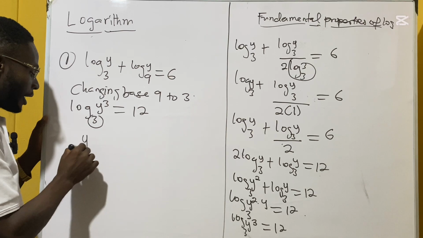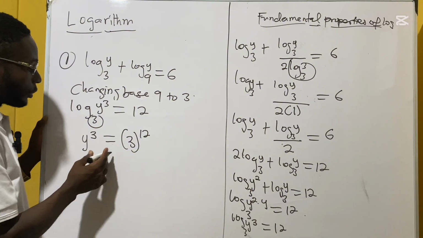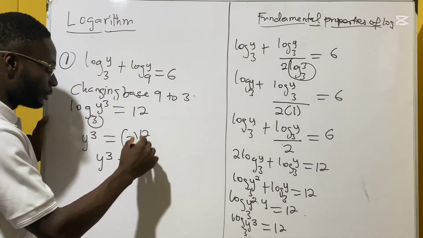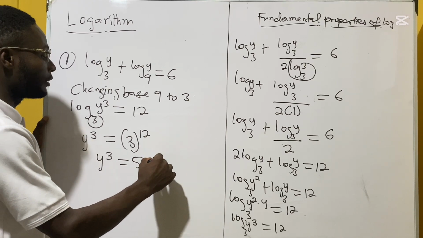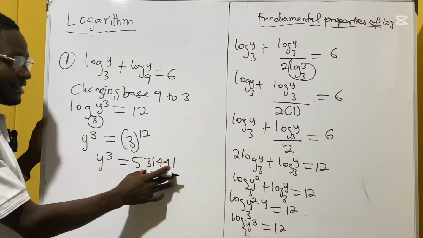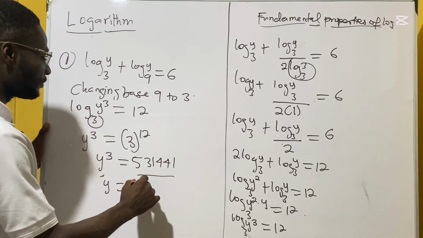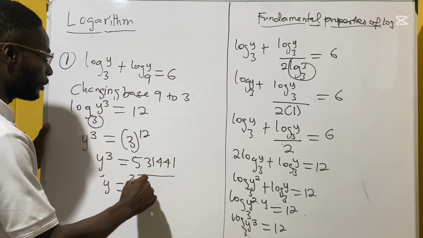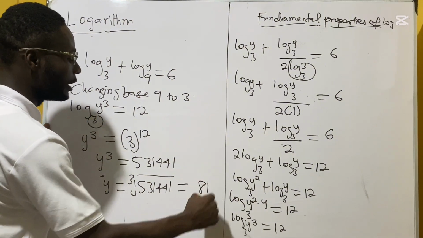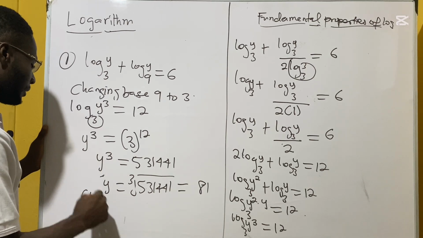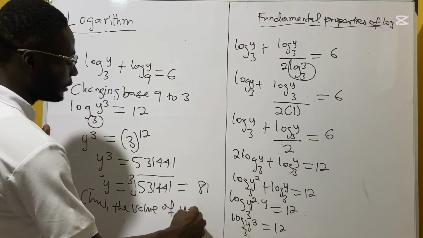We're going to have y power 3 equals 3 exponent 12, which is 531441, and that is what we have here. Now we need y. Taking the cube root on both sides, we're going to have y equal to 81. So the value of y is equal to 81.